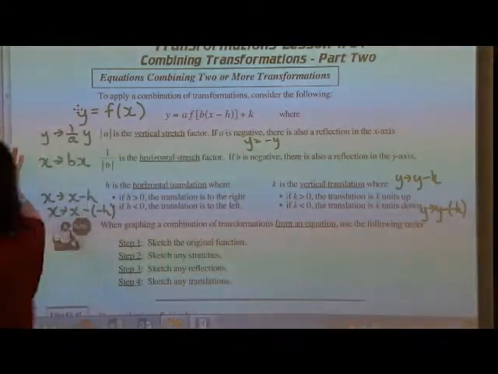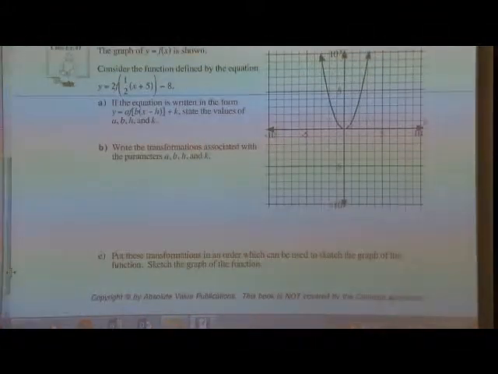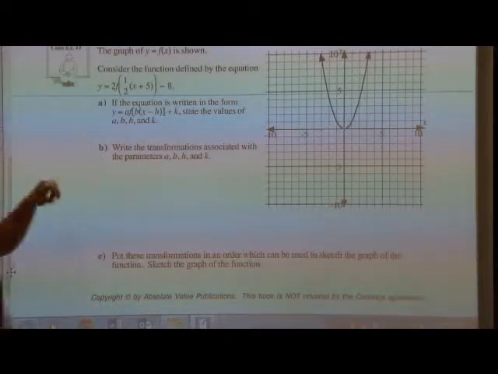Okay? So if we look at the first class example, the graph of y equals f of x is shown here. It says, consider the function defined by the following equations. 2 times f of 1/2 times x plus 5 minus 8. So if the equation is written in this form of y equals a times f of b times x minus h plus k, what are the values of a, b, h, and k?